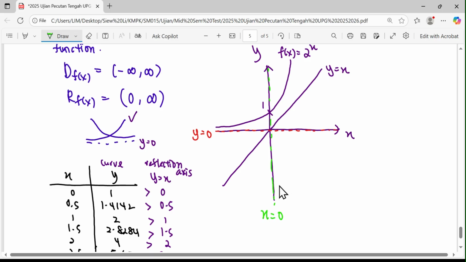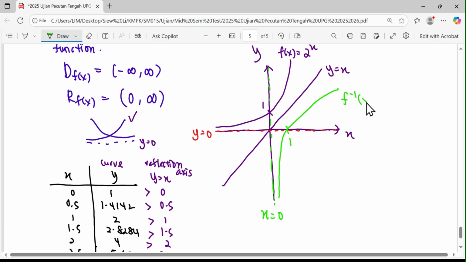And your graph here should be reflected symmetrically. So if you do your reflection correctly, of course your graph will be symmetrical. Alright, so I try to draw as symmetrical as I can, but if you're using paper, you can draw better than me.